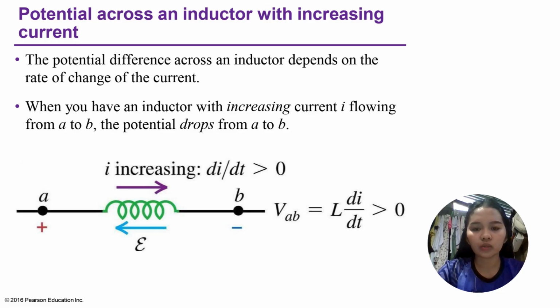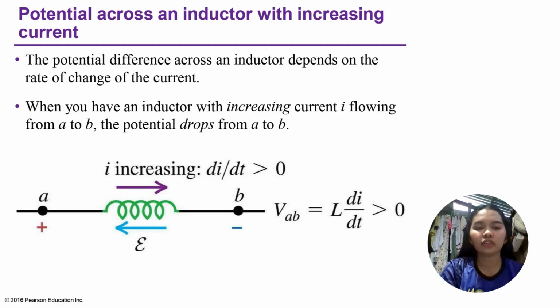So, potential across an inductor with increasing current. When the current through an inductor is increasing, di over dt is positive. This means that the voltage across the inductor, V_AB, is also positive.